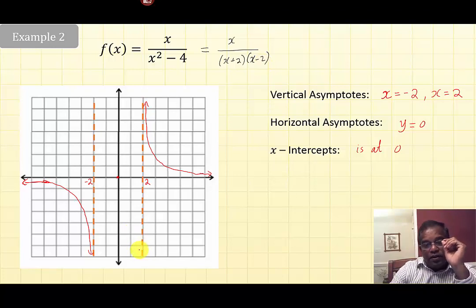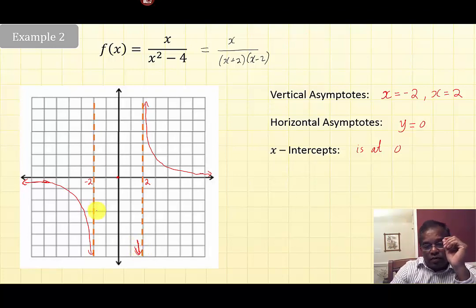I'm going to use, say, x equal to 1.9, for example. The numerator is 1.9, which is positive. In the denominator, 1.9 plus 2 is a positive number, and 1.9 minus 2 is a negative number. So overall this is going to be a negative number, meaning it's going to go over here.